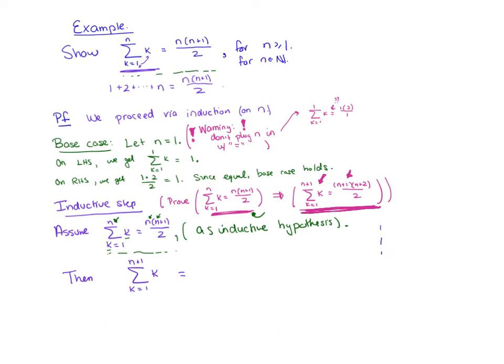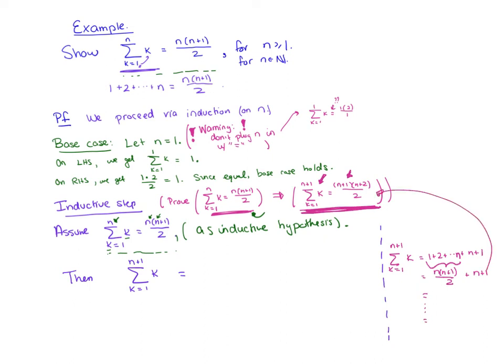Now, if you're not comfortable with this notation, remember that this is just going to be 1 plus 2 plus all the way up to n plus 1. And now I know that these first n terms, by my inductive hypothesis, that's just n times n plus 1 over 2. So then that's just n times n plus 1 over 2 plus n plus 1, and then hopefully we can do some algebra to make that look like what I want to show.